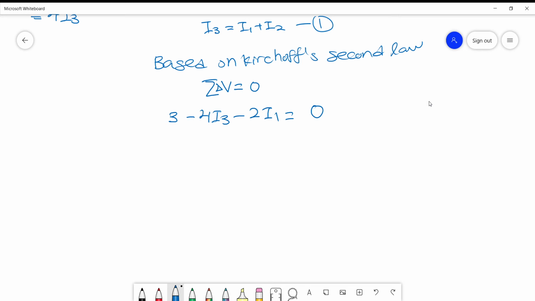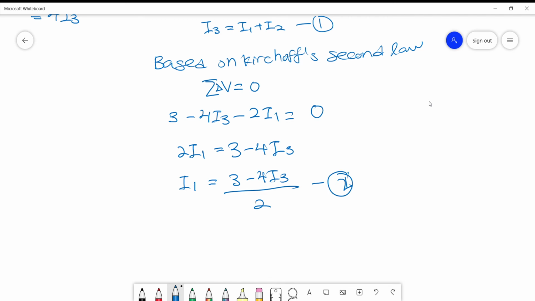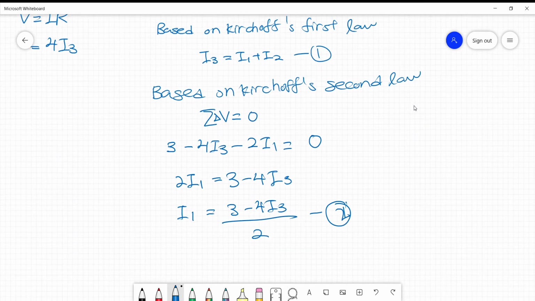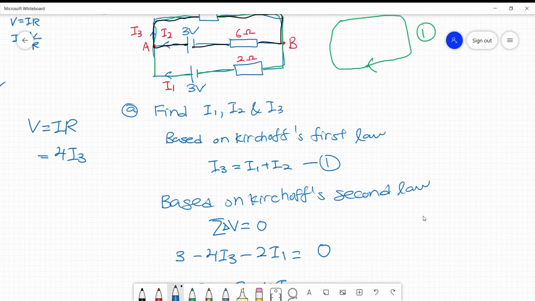I prefer to express it in terms of I1. So 2I1 is equal to 3 minus 4I3, so I1 equals (3 minus 4I3) divided by 2. This is the second equation, sorry. So we have done the first loop.